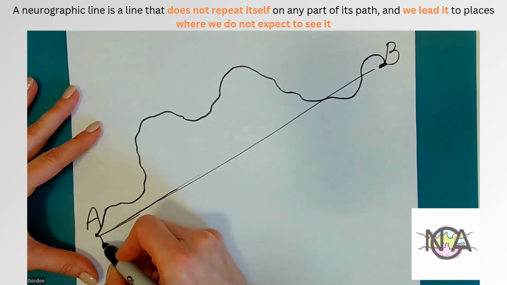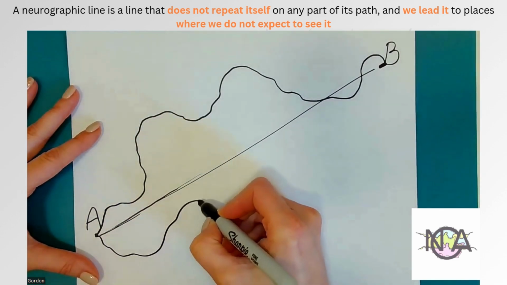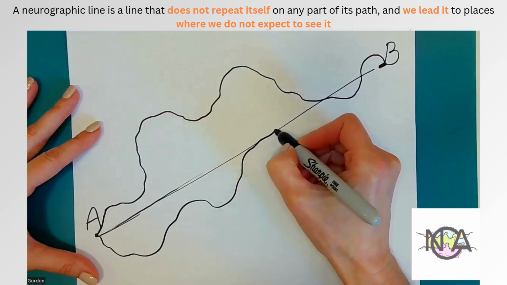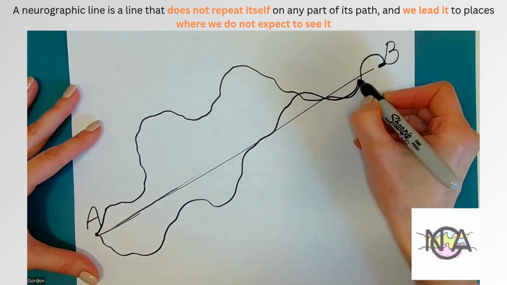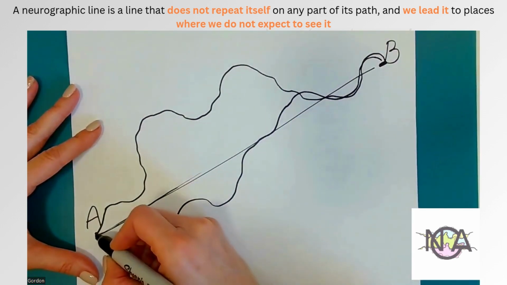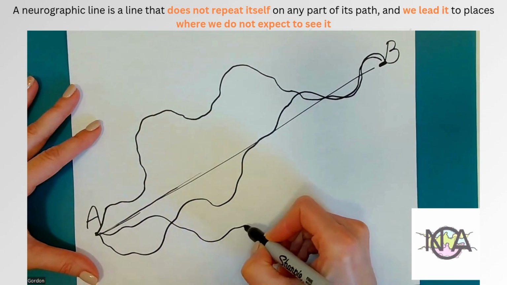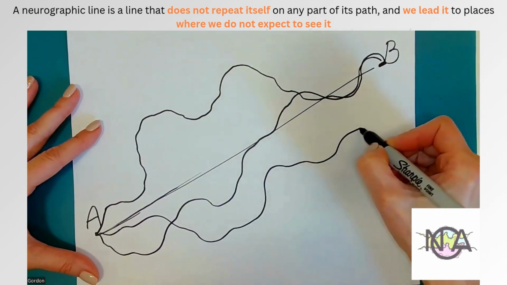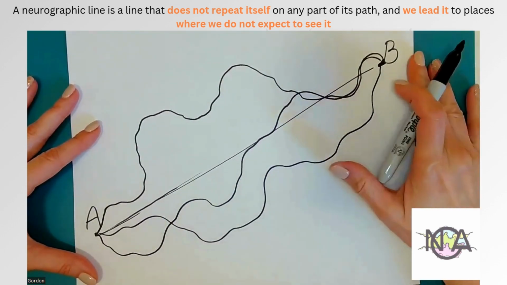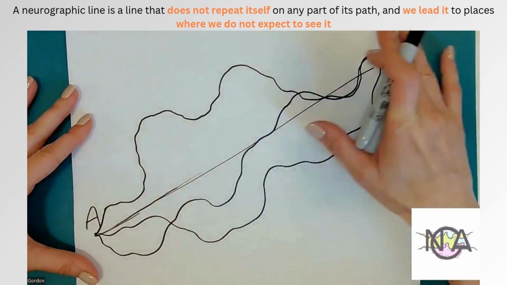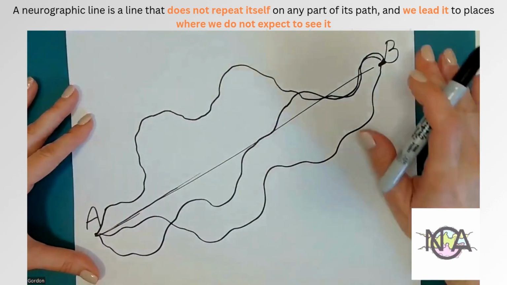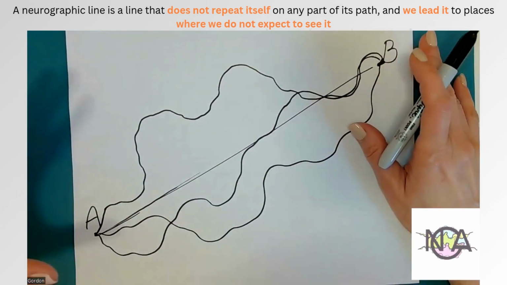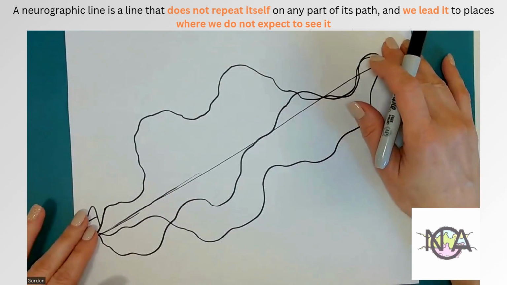But it also could go another way, right? It could go this way. And this way. So what we see right now, we see that there are endless amount of options how to draw a neurographic line to connect point A with point B.